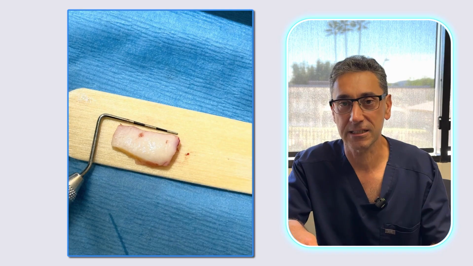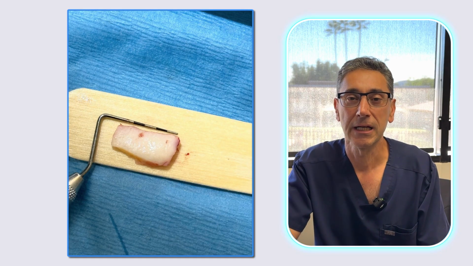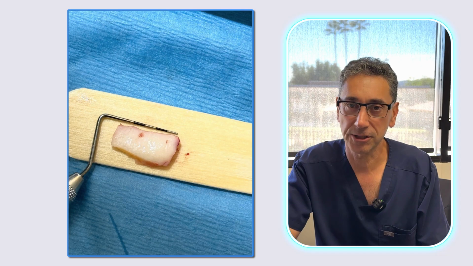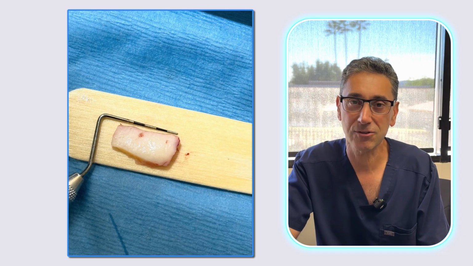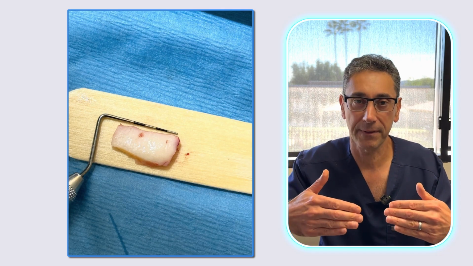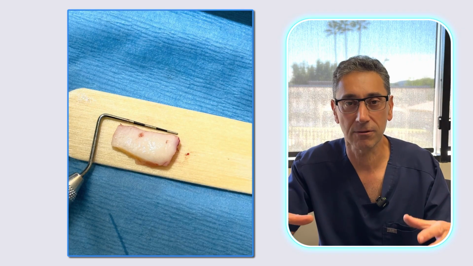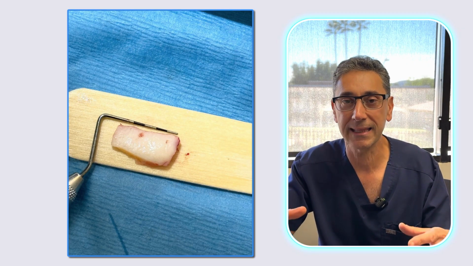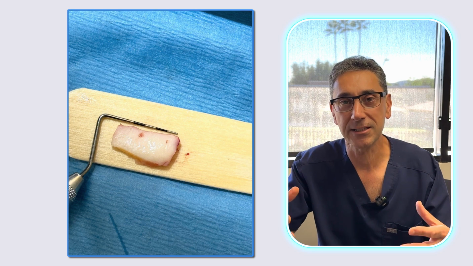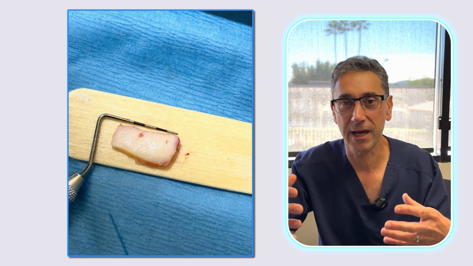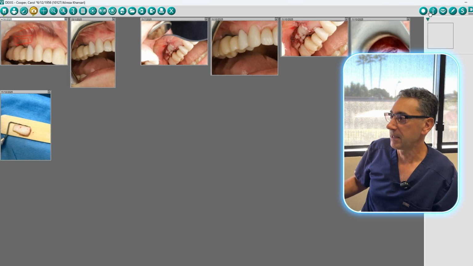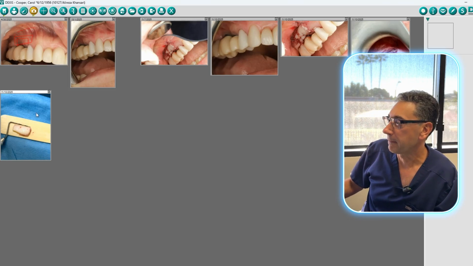Just like all those muscle fibers, epithelium, and marginal tissue, everything is sutured down so we don't let anything come up. And then we see the vascular bed. It's reddish. It means a lot of blood there, and the bed is ready to secure and suture the free gingival graft.